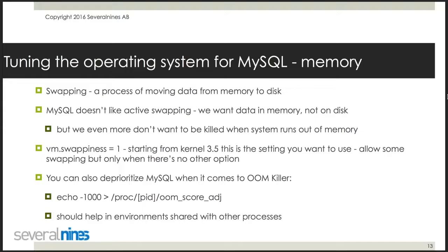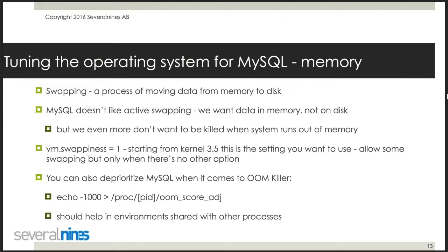You can also deprioritize MySQL for the OOM killer, so it would be less likely to pick it and kill it, by running this echo command, and the PID is the PID of MySQL, of course. The thing is that this may help when you have some kind of shared environment, like MySQL and some other processes running.